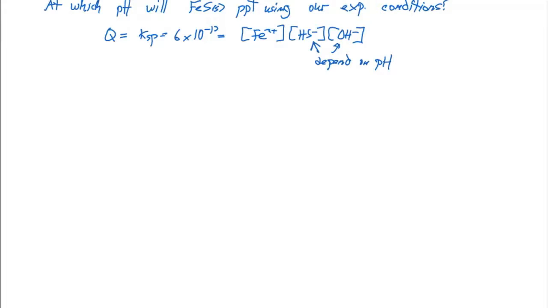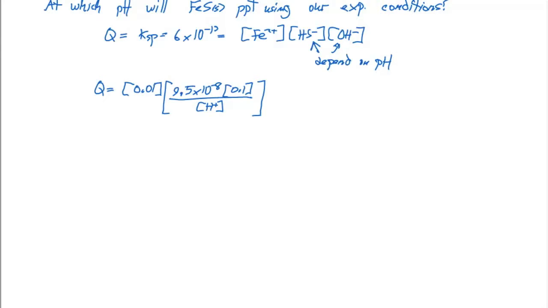So our Q expression is going to be equal to the metal ion concentration, which is 0.01, times the HS minus concentration. If we write this out longhand, it's going to be 9.5 times 10 to the minus 8 times the concentration of the H2S, which is 0.1, divided by the concentration of the H plus.